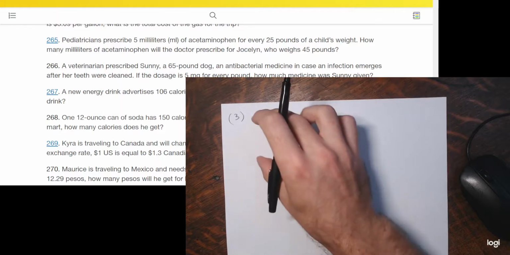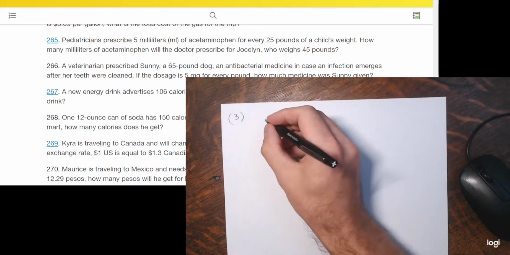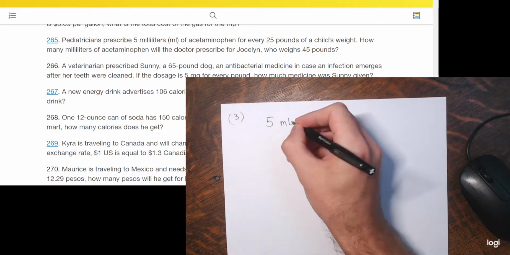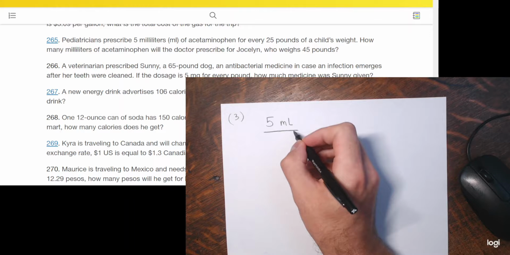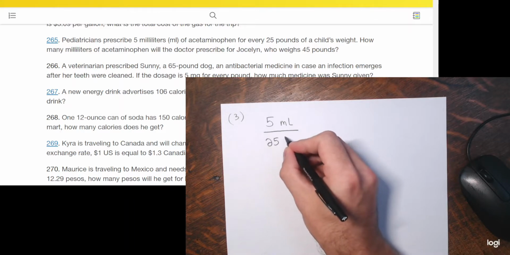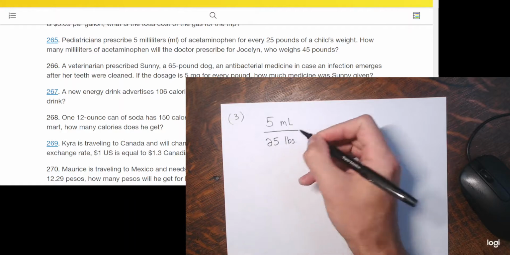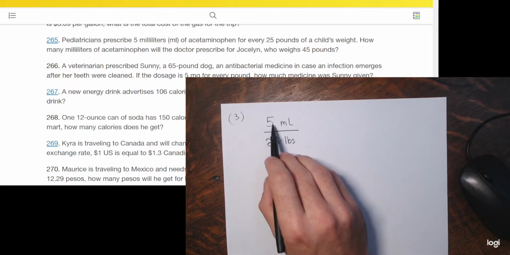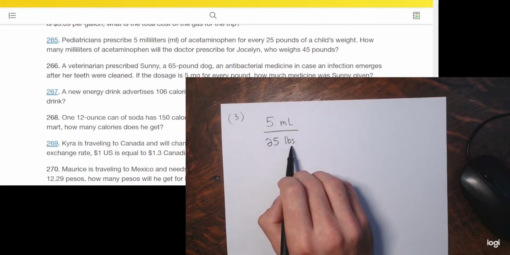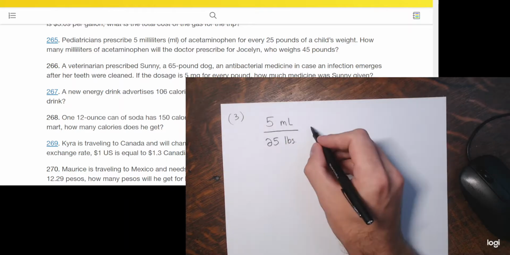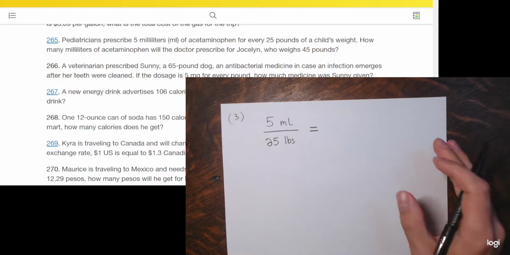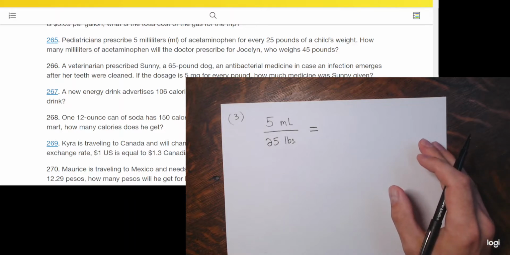So the left ratio is, they prescribed 5 milliliters of acetaminophen, so 5 ml per, or for every 25 pounds, which is usually lbs. And this ratio should be equal to the ratio of milliliters prescribed to Jocelyn per her weight.